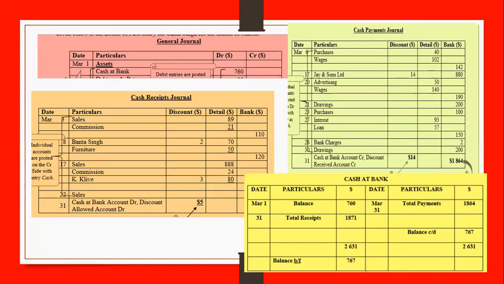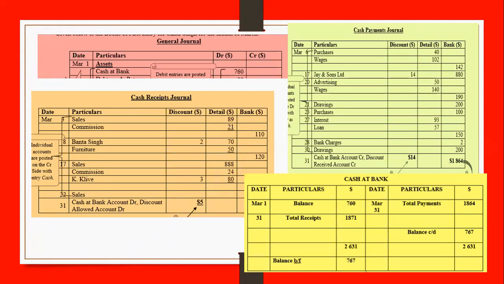Note this down. For a cash at bank ledger account, these are the only three journals that will contribute: general journal, cash receipts journal, and cash payments journal.